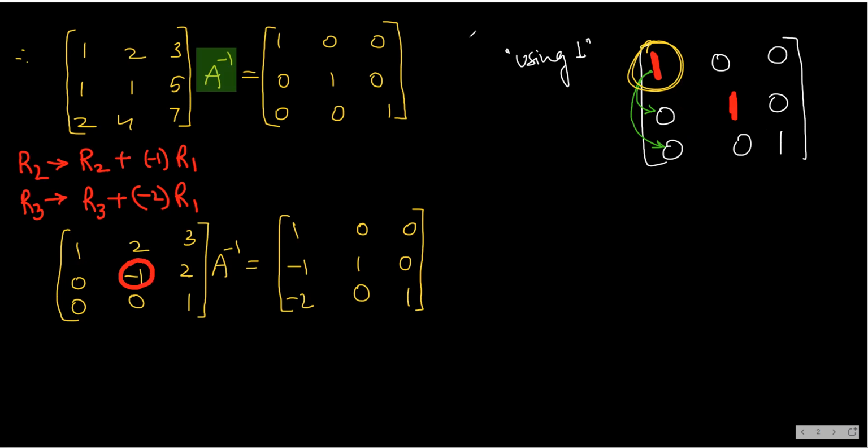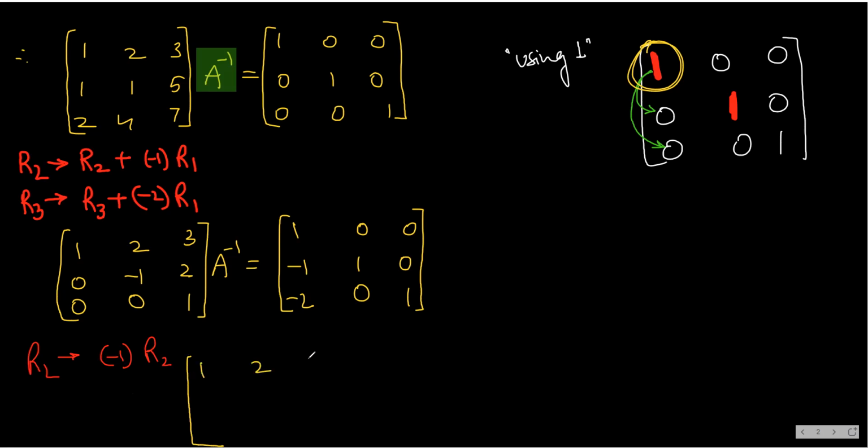How to make it 1? I will write here, R2 changes to minus 1 R2. So multiply minus 1.